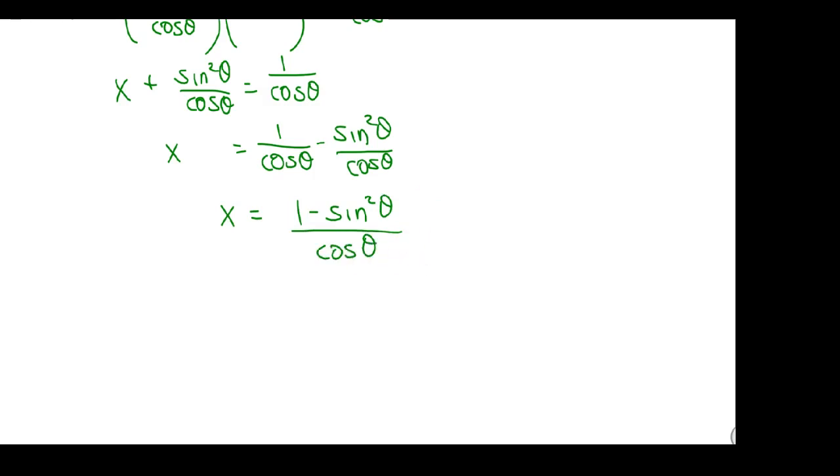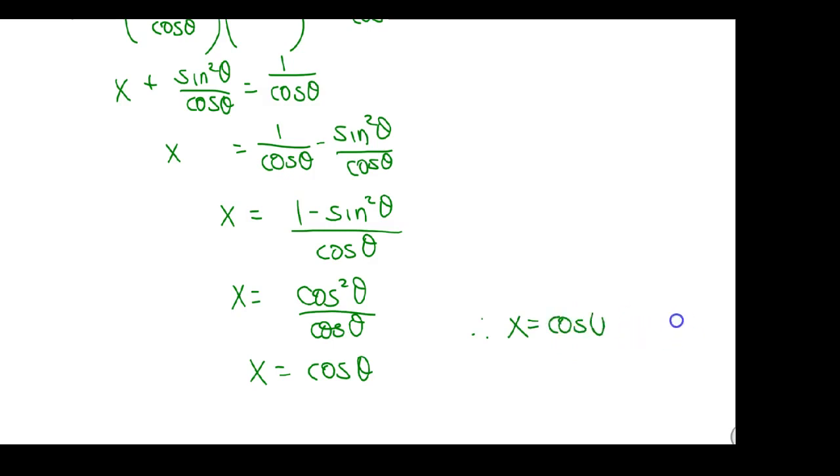And then, recalling an identity, that 1 minus sine squared of theta is equal to cosine squared of theta, I can make that substitution. And once I reduce, I find that x is equal to cosine of theta. So now I have the solution to the system. X is equal to cosine of theta, and y is equal to sine of theta.